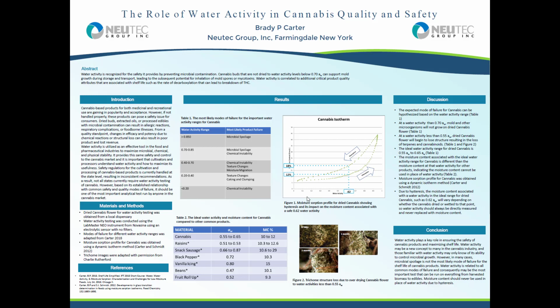And it really needs to be a test that's run not only by testing labs to meet regulations, but it should be utilized by cultivators and processors to make sure that they're drying that cannabis flower to the correct water activity so that it will store and have its maximum shelf life, as well as not posing any kind of threat to anyone who consumes it.